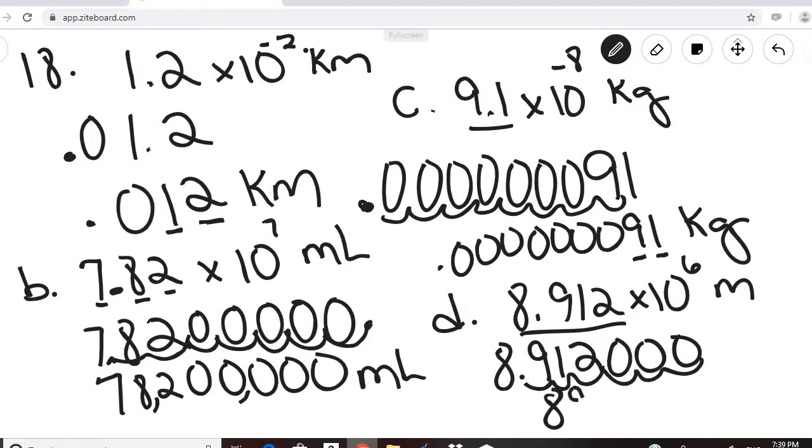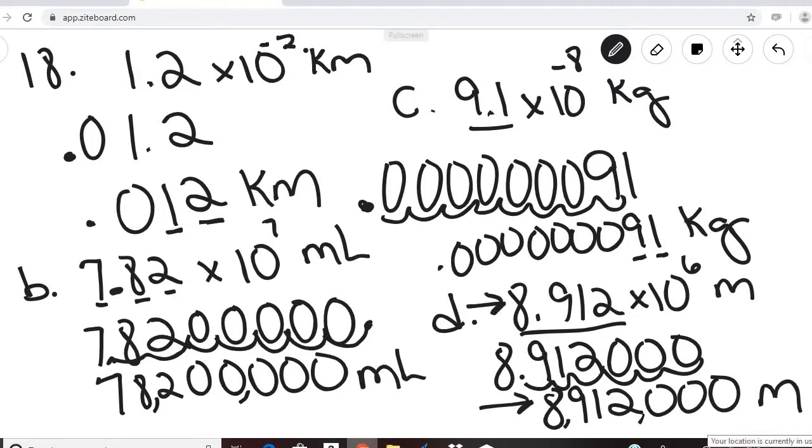So 8, 9, 1, 2, 0, 0, 0 meters. And so 8,912,000 meters, and this answer has 4 significant figures, which we were permitted to have.